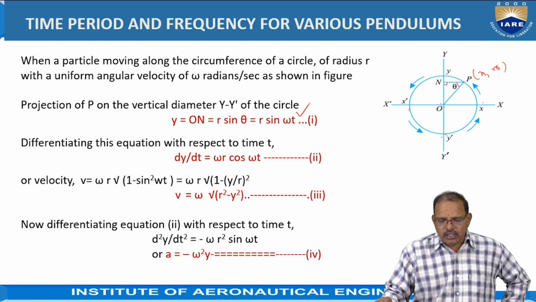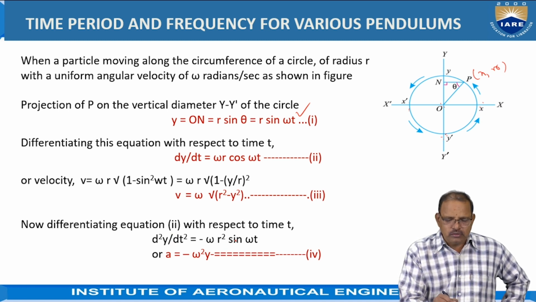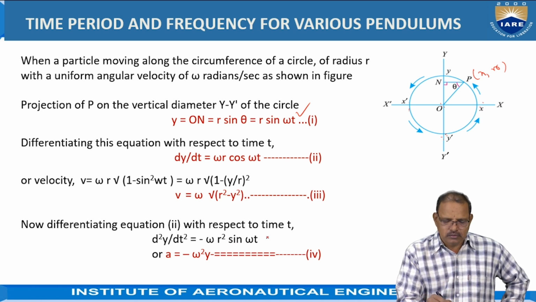Now again differentiating with respect to t, d2y by dt square is equal to minus omega square r sin omega t. From this relationship, acceleration a is equal to d2y by dt square, which is equal to minus omega square into y, as y equals r sin omega t.